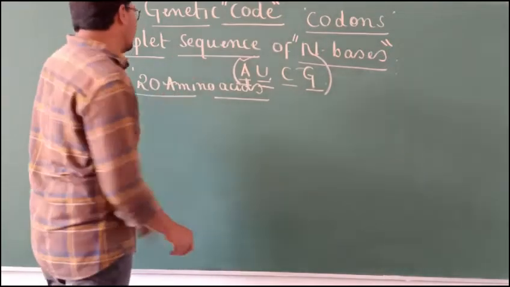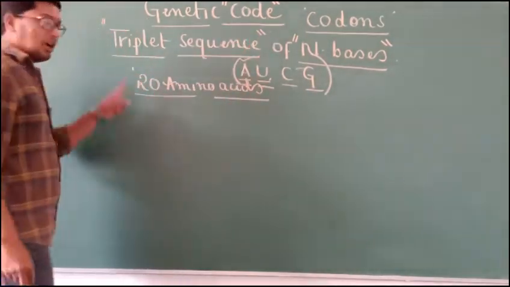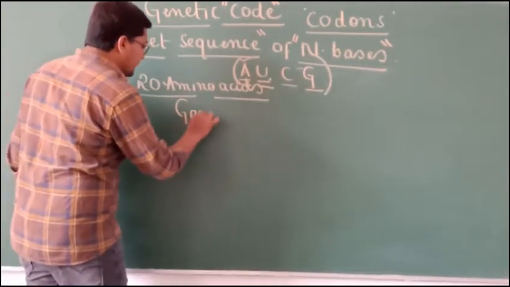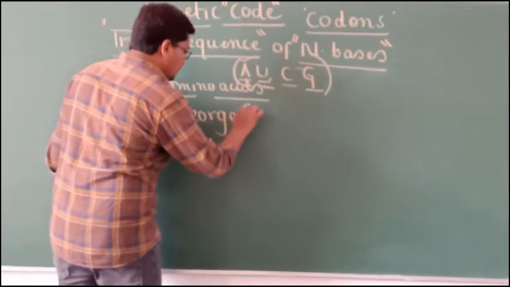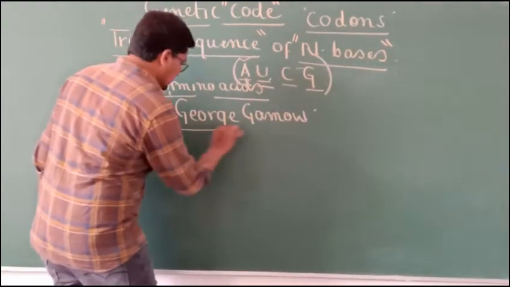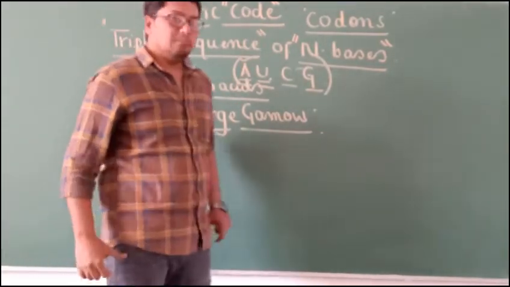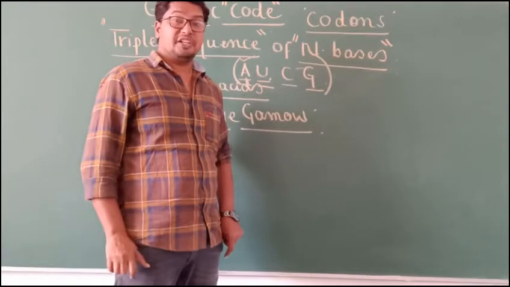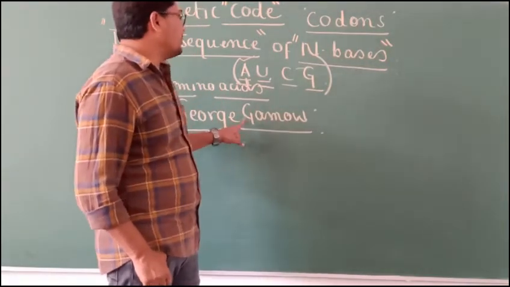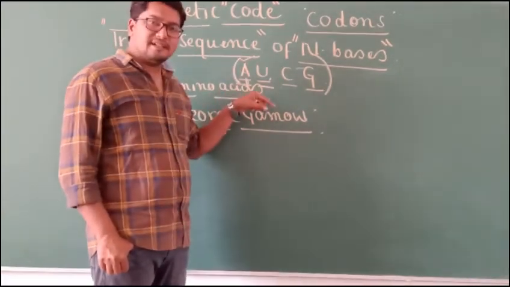With this idea, the hypothesis of the triplet genetic code was given by George Gamow. All students should remember this bold hypothesis, because before it many scientists said every nitrogen base acts as a codon.